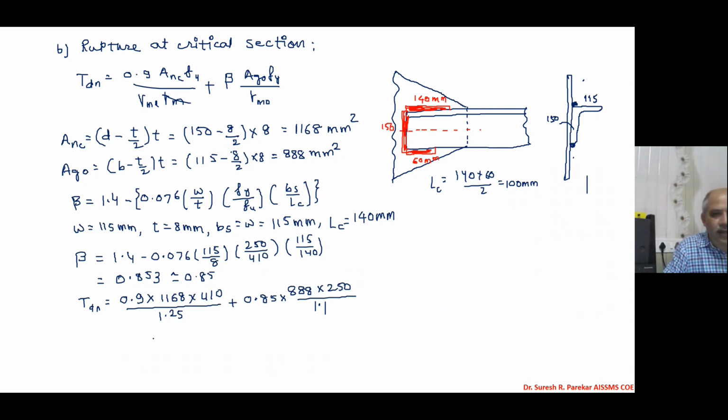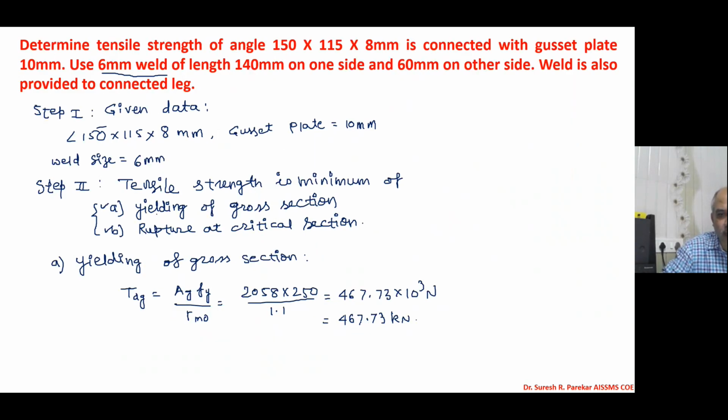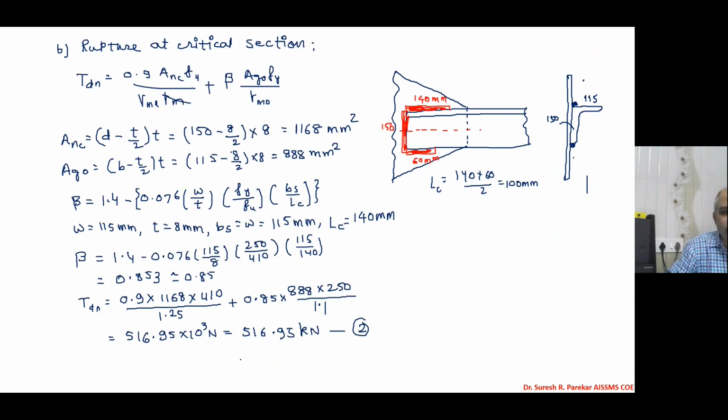By substituting these values, we get Tdn equal to 516.95 into 10 raised to 3 Newton, which is equal to 516.95 kilonewton. This is 2 and 1 we have calculated, which is 461.73, and therefore we have Td equal to 467.73 kilonewtons.